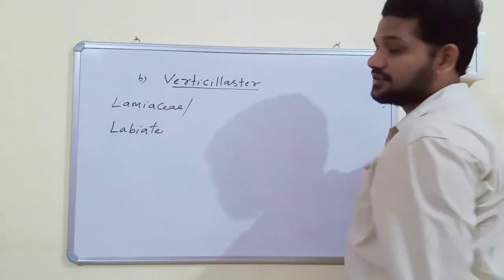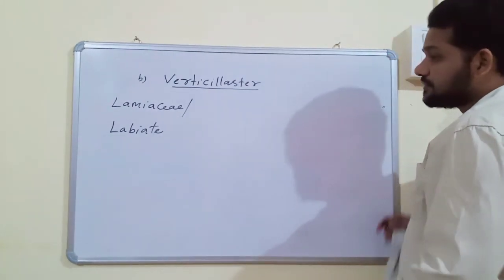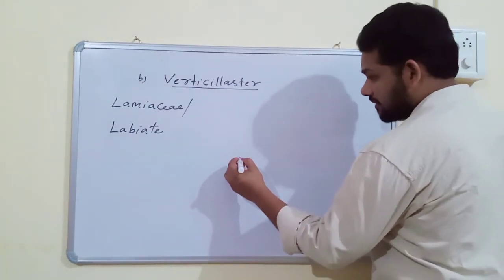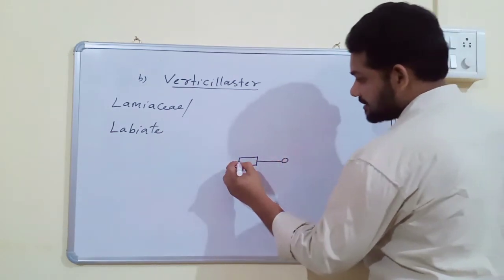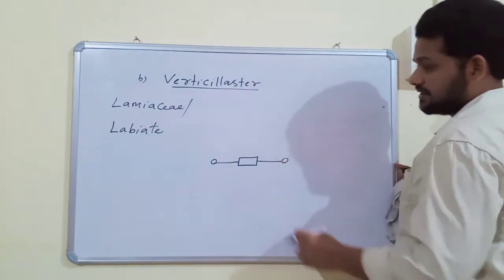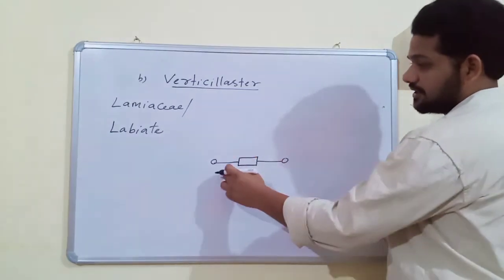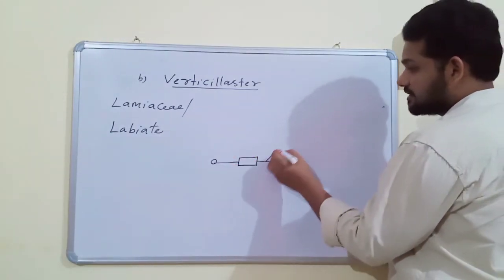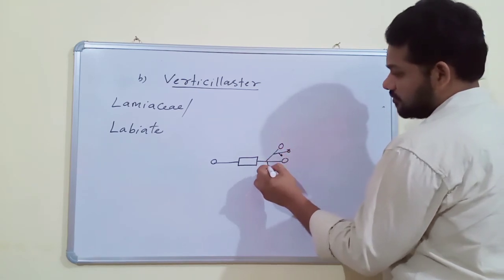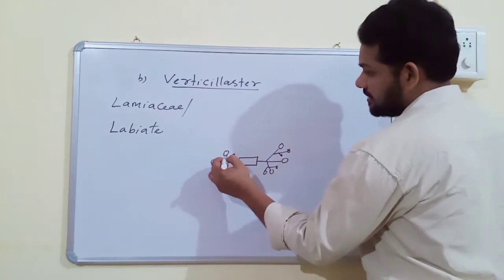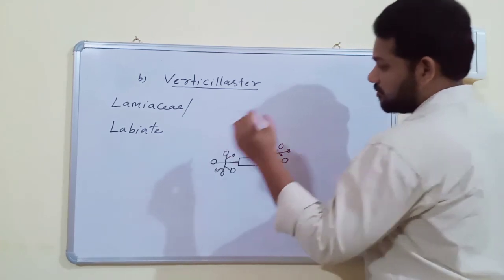In verticillaster inflorescence, the mother axis initially produces a dichasial type of inflorescence. This is the mother axis, and it produces two lateral branches. Then after the dichasial branches, it ends with monochasial branches, whether in a helicoid or scorpioid pattern.